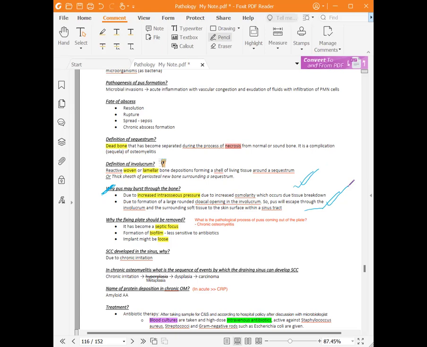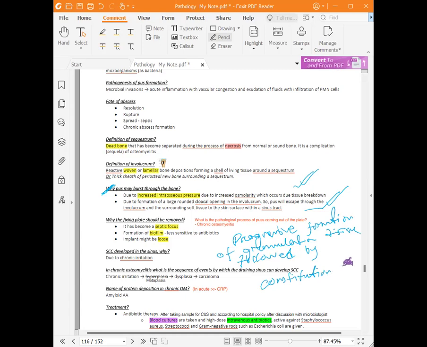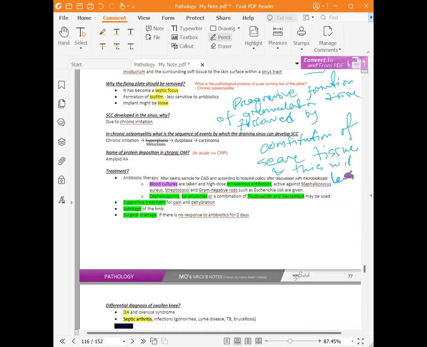Progressive formation of granulation tissue, followed by constitution of scar tissue, and this will lead to sinus formation.